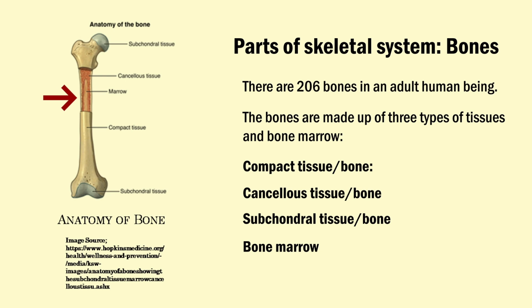Bone also contains the soft spongy tissue called bone marrow, which comes in red and yellow color. It fills the cavity in the bones and is responsible for generating red and white blood cells.